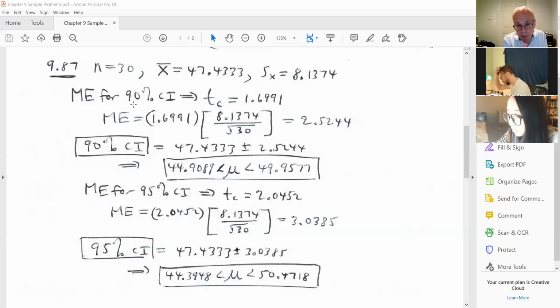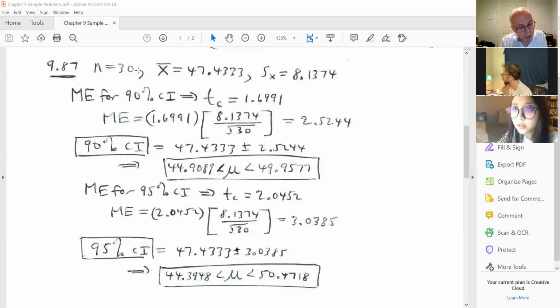Because it's 10% left, half on the left, half on the right. Half of 10 is 5, so 5% on the left, 5% on the right. Middle, 90%. So the area to the left of the critical value is the middle 90% plus the left tail of 5%. 0.95 is your area to the left. And your degrees of freedom is 29 because it's 30 minus 1.